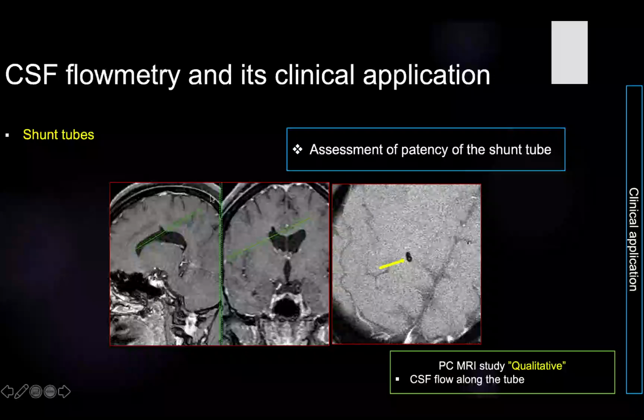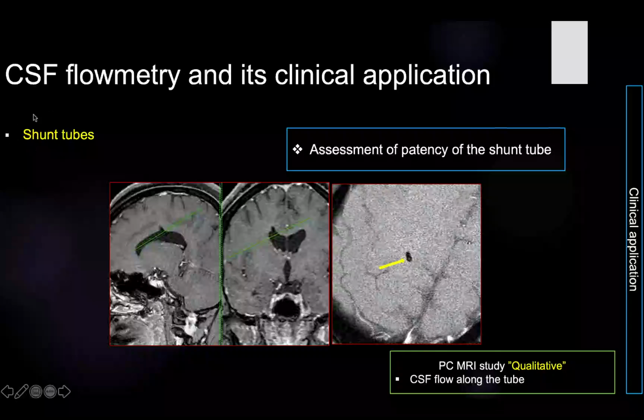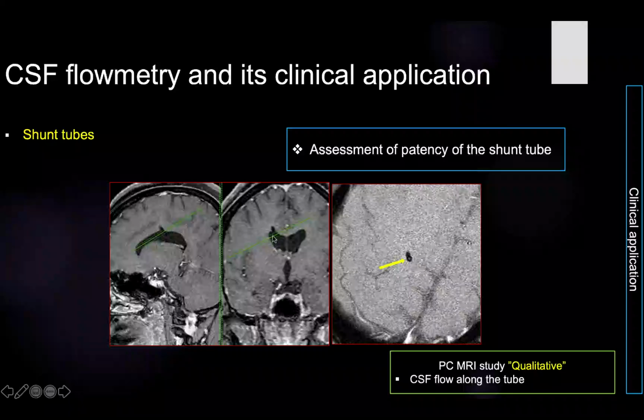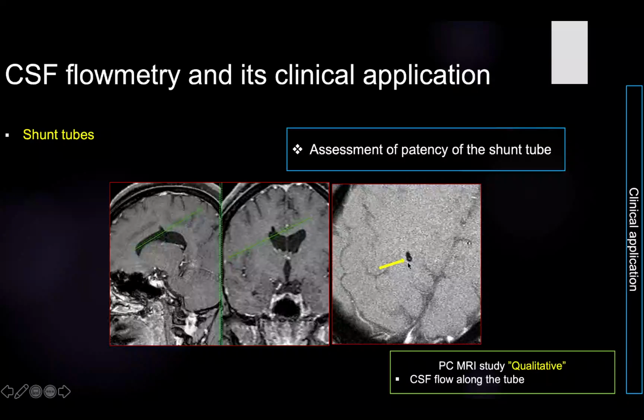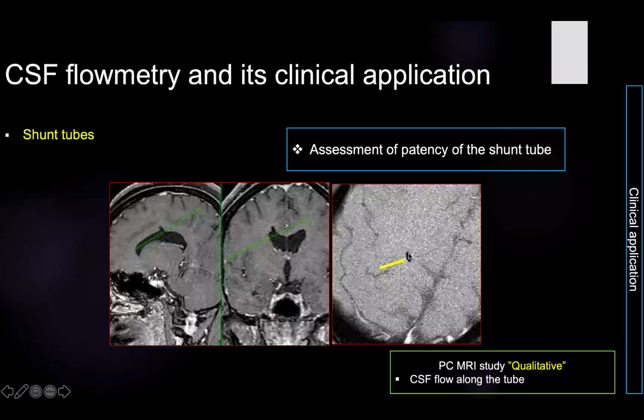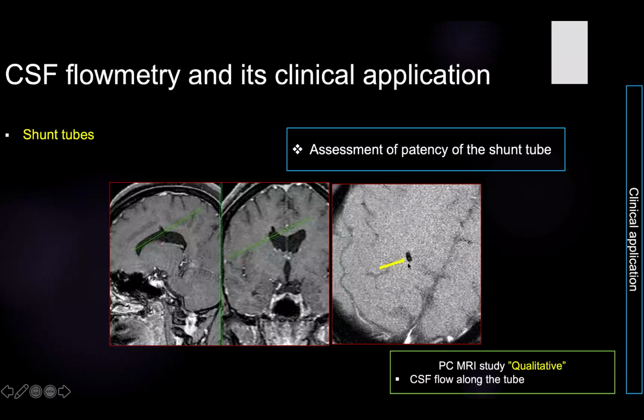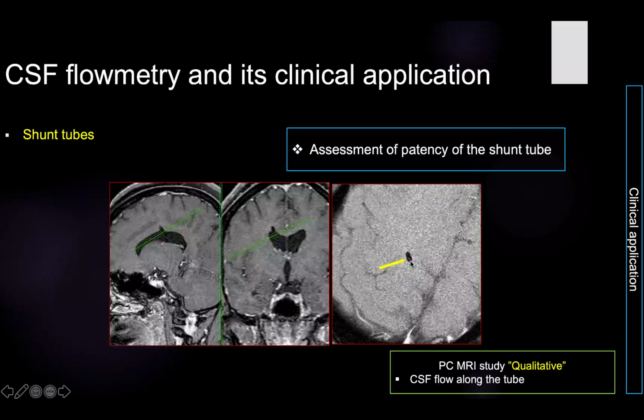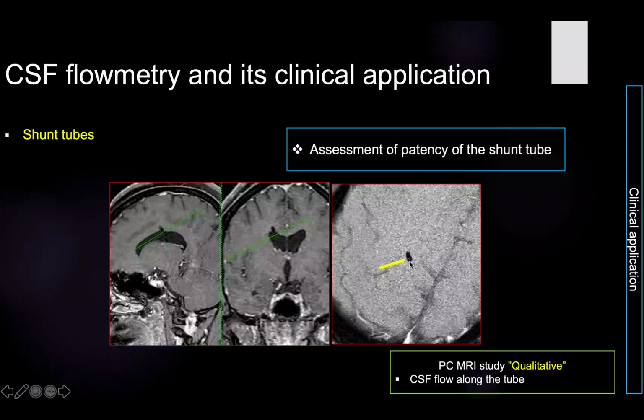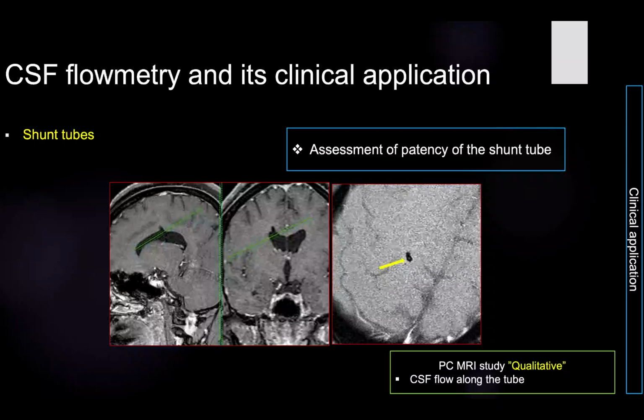The last clinical application of the CSF flowmetry is in the shunt tube. If you want to know if the shunt tube is patent or not, we can do a CSF flowmetry along the applied shunt tube, and we can see if there is a flow of the CSF within the shunt tube or not. As we see here, this is the tube, and we can see a bright signal within the shunt tube.